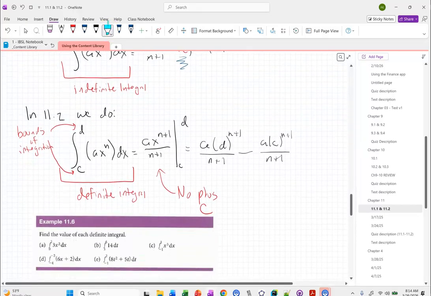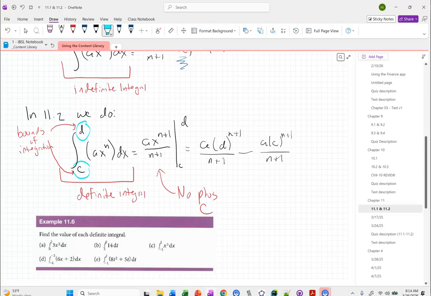The visual will look a little different because we're going to have a number written at the top and bottom of our integration symbol. We call those the bounds of integration. The number at the bottom of the integral symbol is called the lower bound, and the number at the top is called the upper bound.